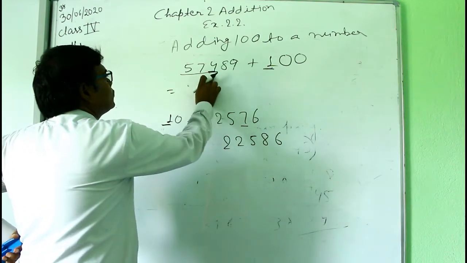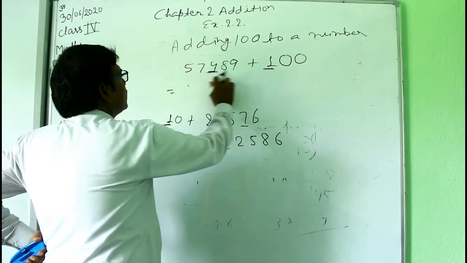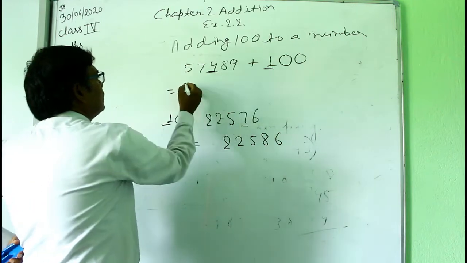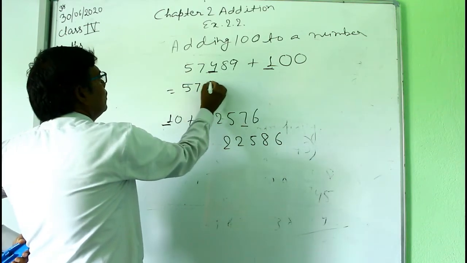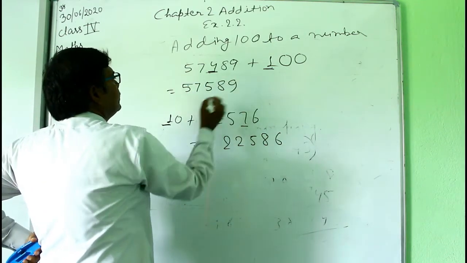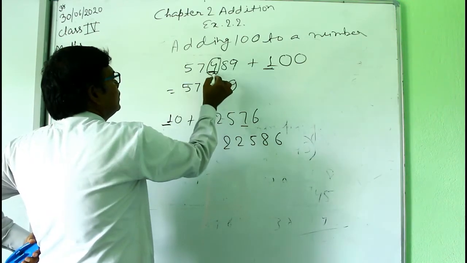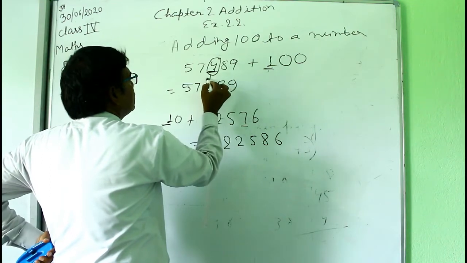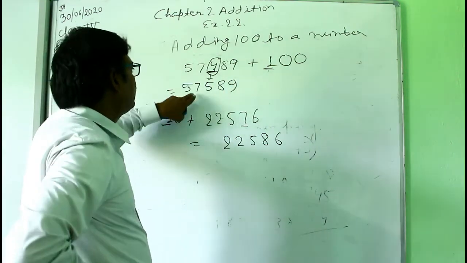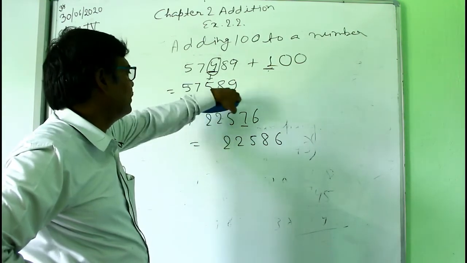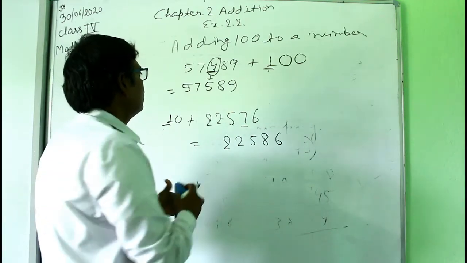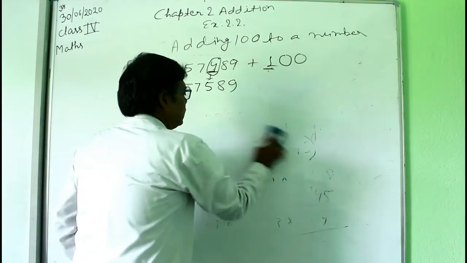So 4 plus 1 is what? 5. Then here it will be 4, 7, 5, 8, 9. So see that only this number has changed, that is 4 plus 1 is 5. So the answer is 57,589.